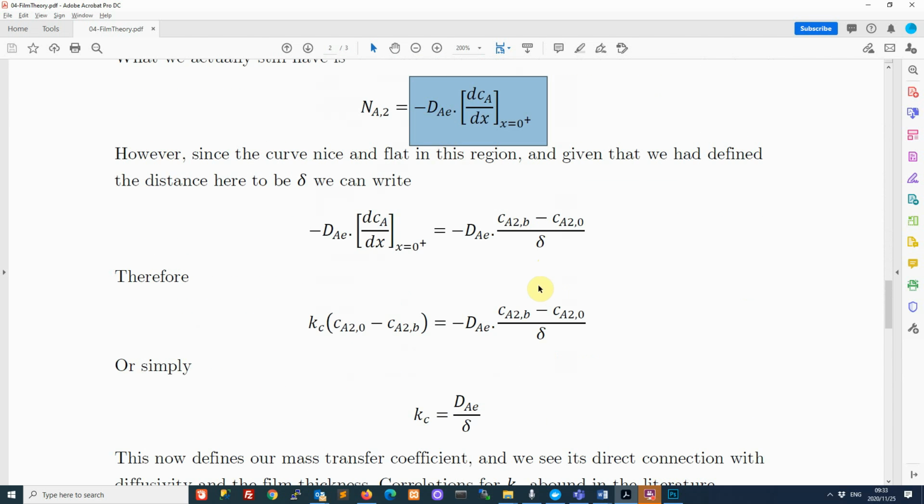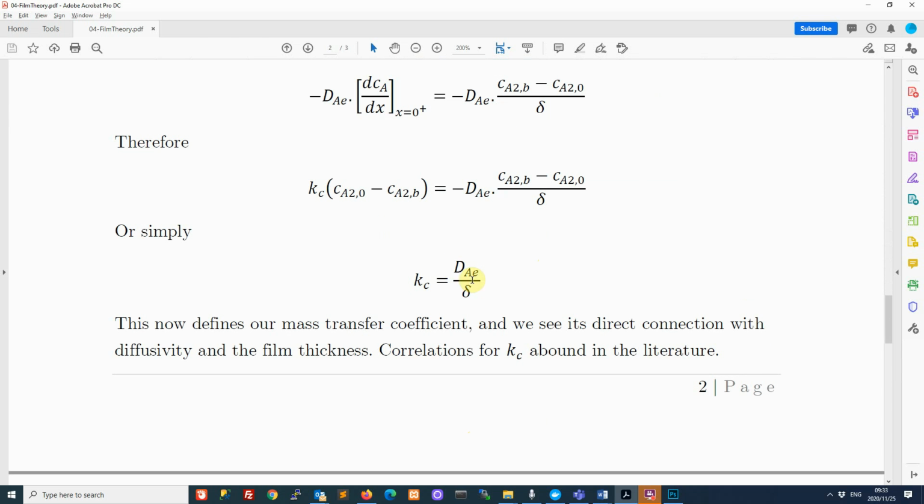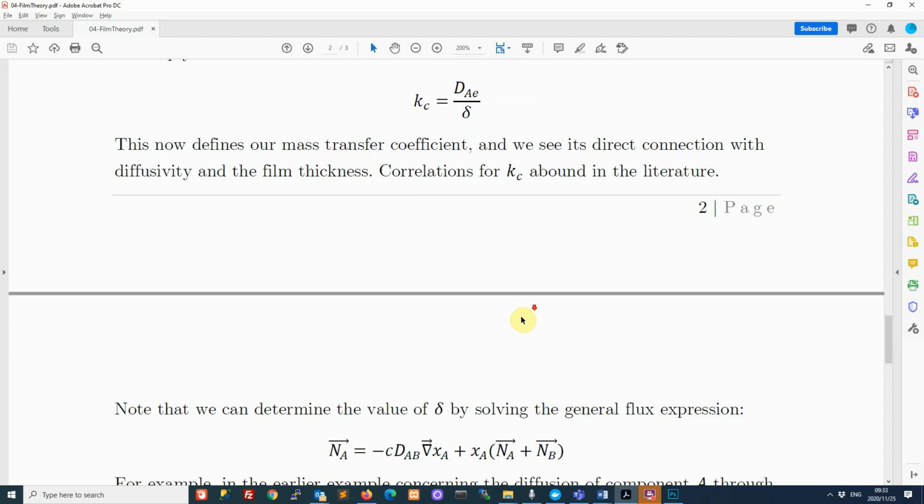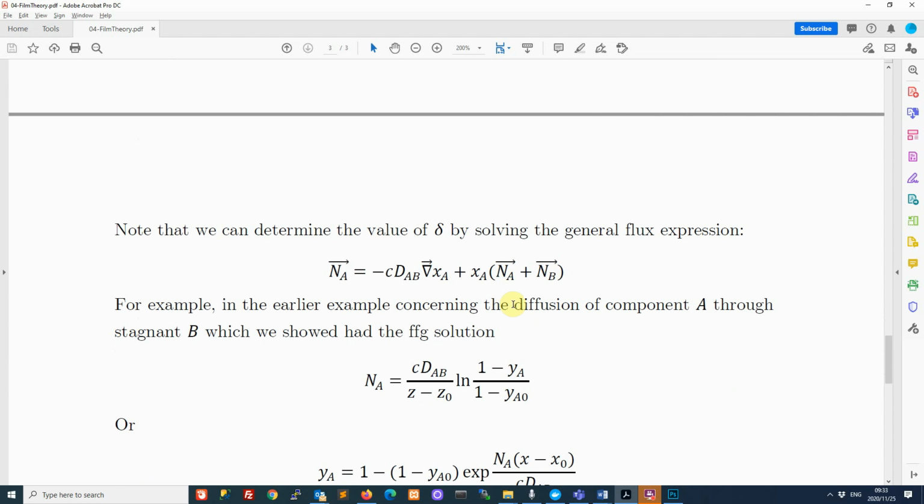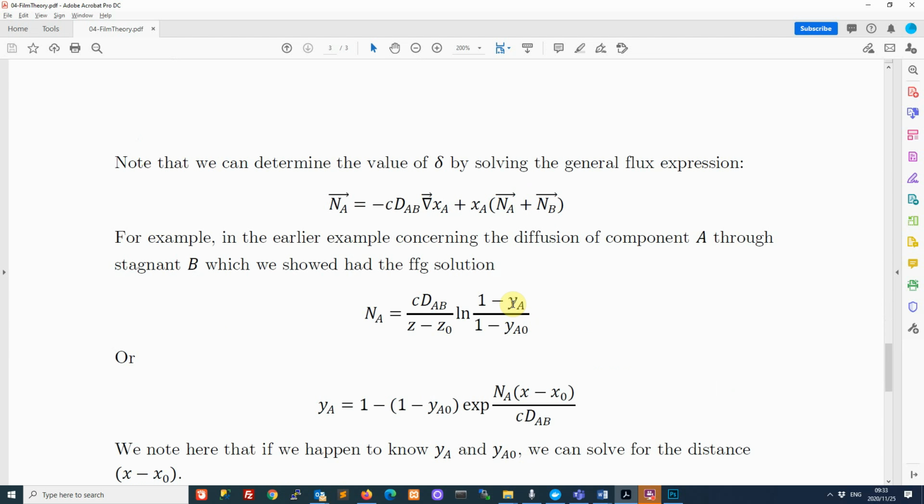And so once we do that, then we do get a reasonable value for delta. And so it's fairly easy then. We have a nice criterion for finding delta, and then that establishes a nice relationship between the mass transfer coefficient and the diffusivity. And in fact, we can solve for delta quite rigorously with our nice new criterion.